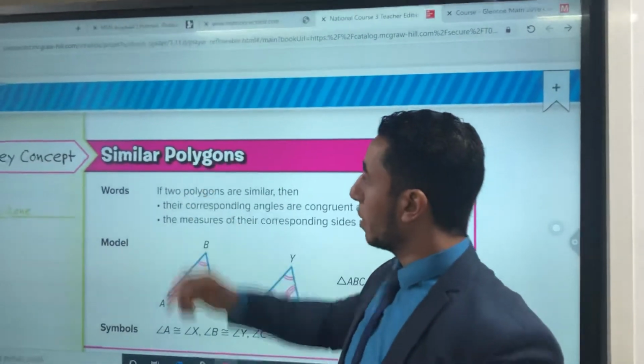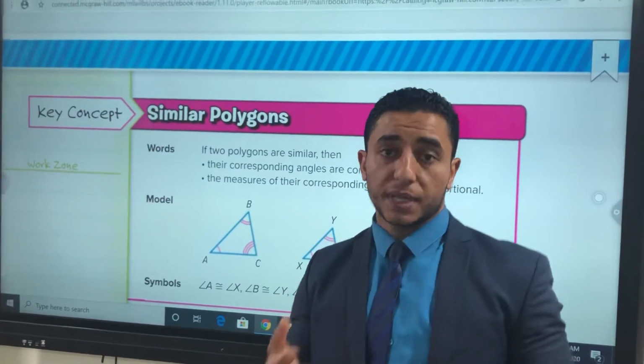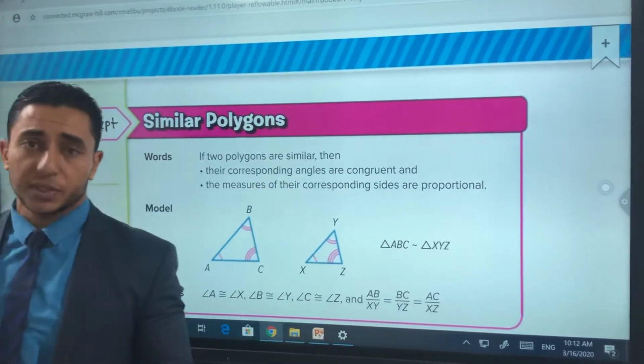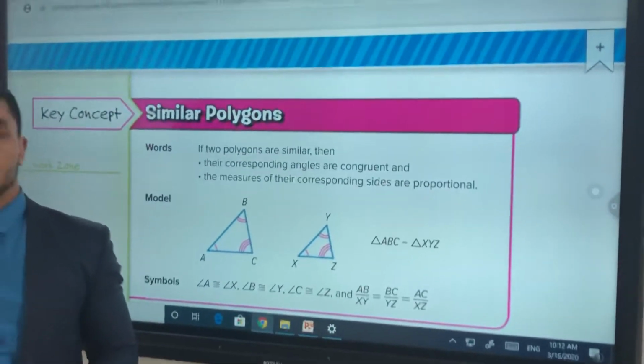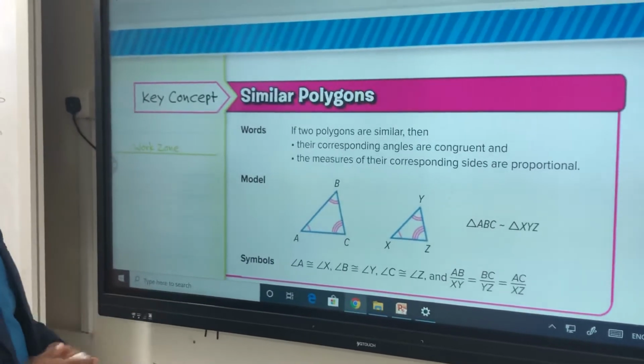We have many types of polygons. As I said, 3 sides, 3 angles, that's a triangle; 4 sides, 4 angles, that's a quadrilateral; hexagon, pentagon, nonagon, decagon, and so on.